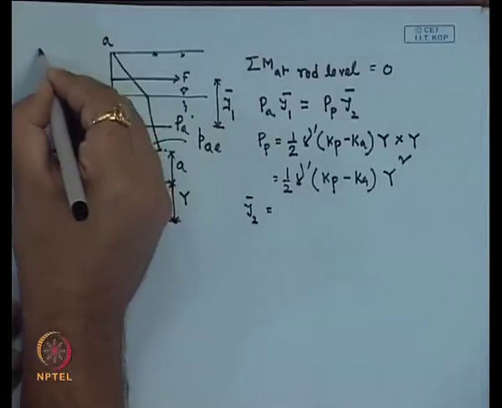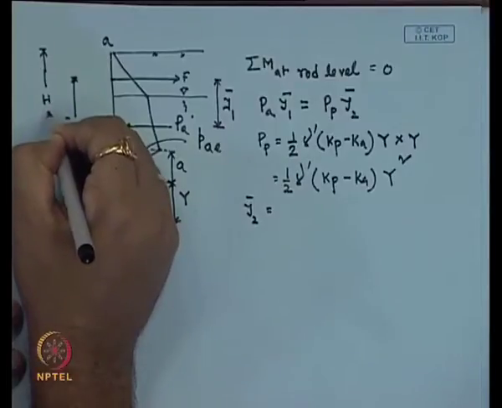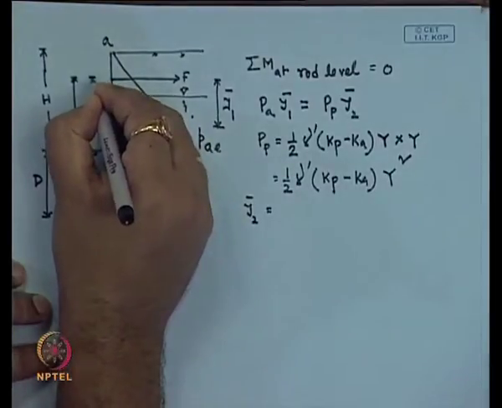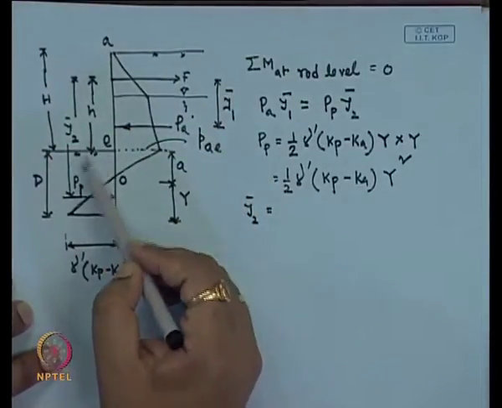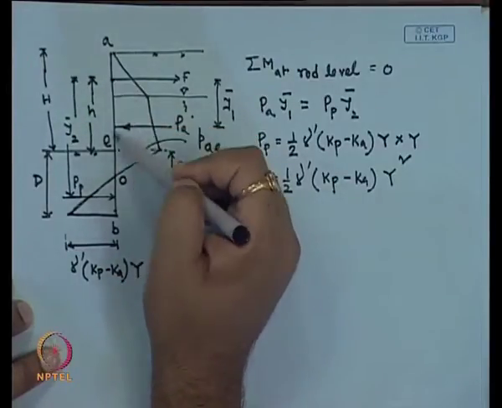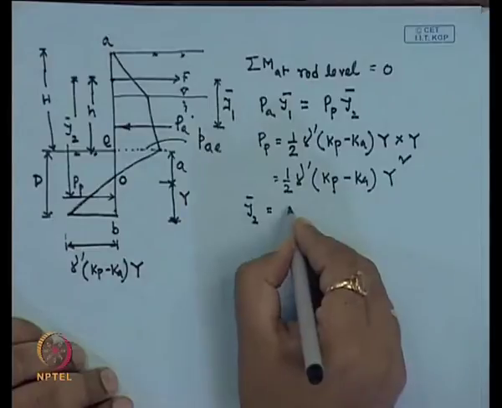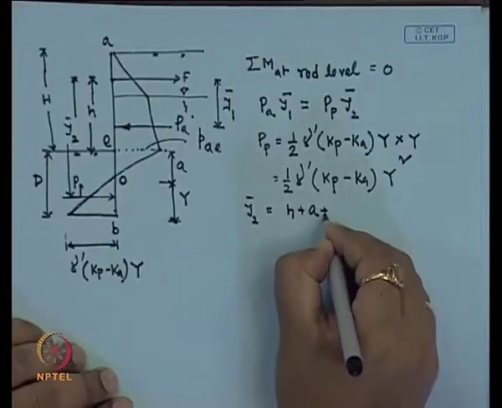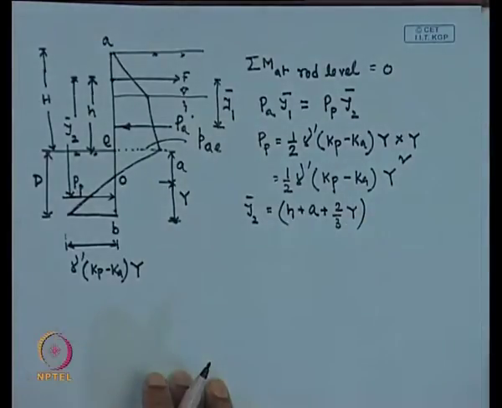And Y 2 bar will be as follows. If the total height is h, say, the distance from the dredge level to the rod level is small h, and the total height of the sheet pile above dredge level is capital H, then we can write capital Y 2 bar will be small h plus A plus 2/3 of capital Y. So, this is Y 2 bar.